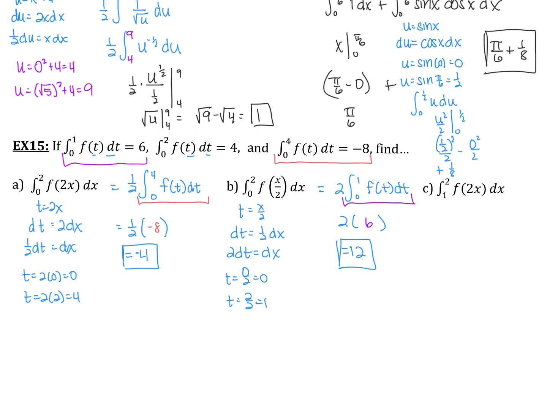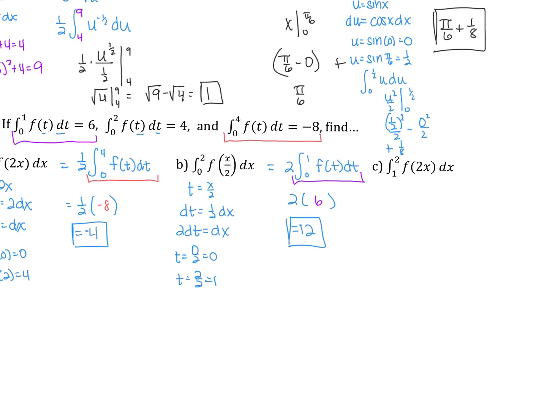All right, finally, try C. If we look at C, and I let t be 2x, then dt equals 2dx. I don't have a 2dx, so I get 1/2 dt equals dx. Using bound change with this u substitution, when t is 1, that lower bound, t is going to be 2 times 1.